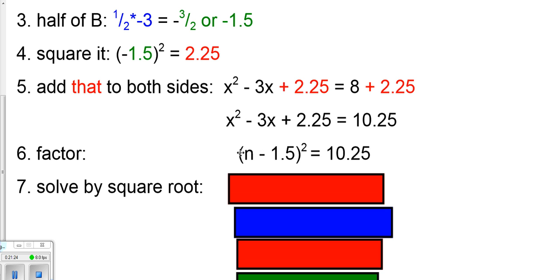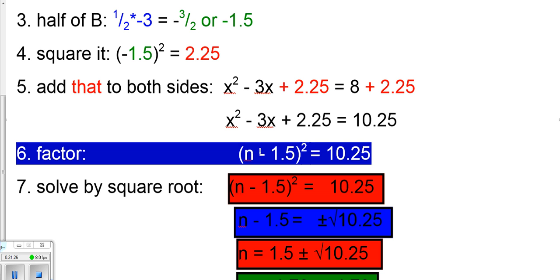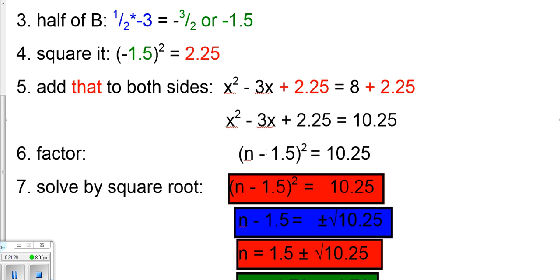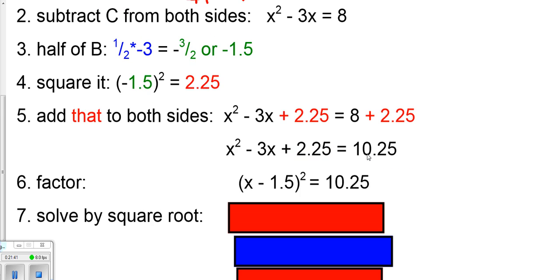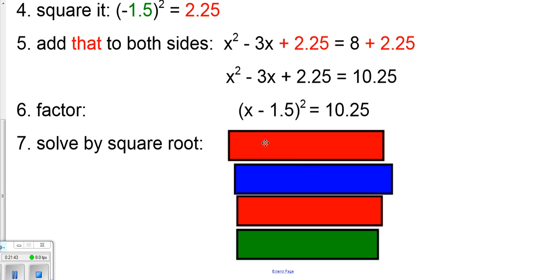So it would be x minus 1.5 squared equals 10.25. I think from here on out I might have accidentally used the variable n. Just pretend it is an x.